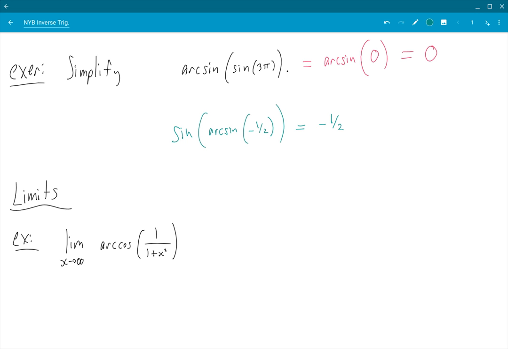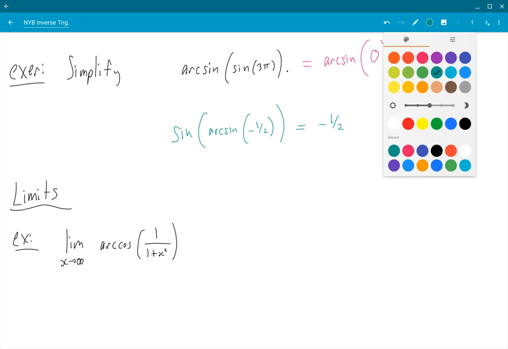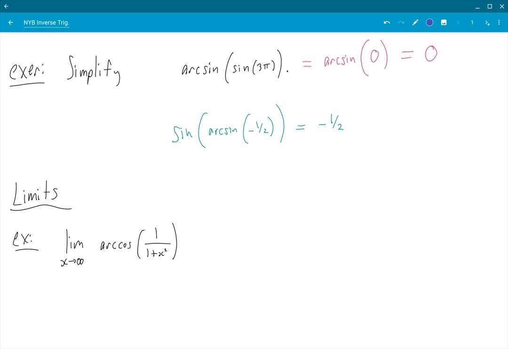Okay, limits with inverse trig functions. We're not going to go into too much detail with these. I will allow you to just say to yourself, when x goes to infinity, what is happening to this fraction here?